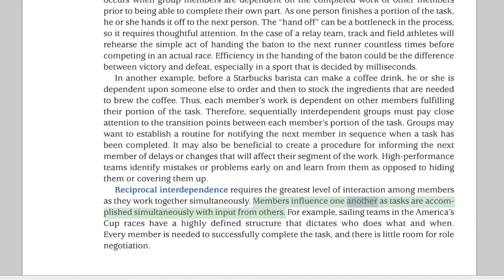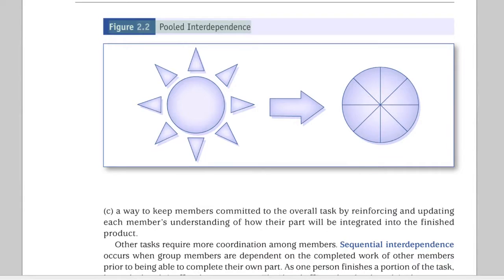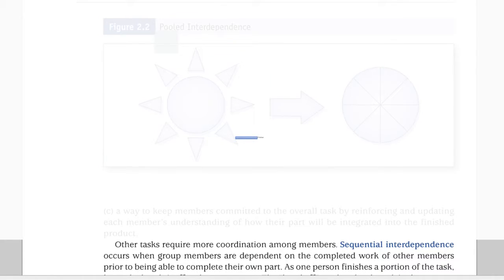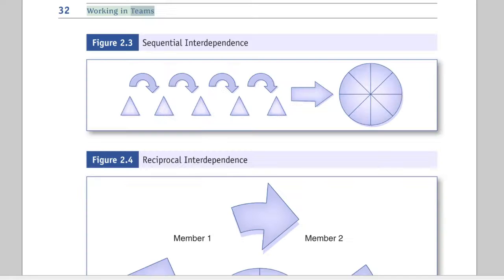Members influence one another as tasks are accomplished simultaneously with input from others. For example, sailing teams in the America's Cup races have a highly defined structure that dictates who does what and when. Every member is needed to successfully complete the task, and there is little room for role negotiation. Figure 2.2 Pooled Interdependence. Working in teams. 32.